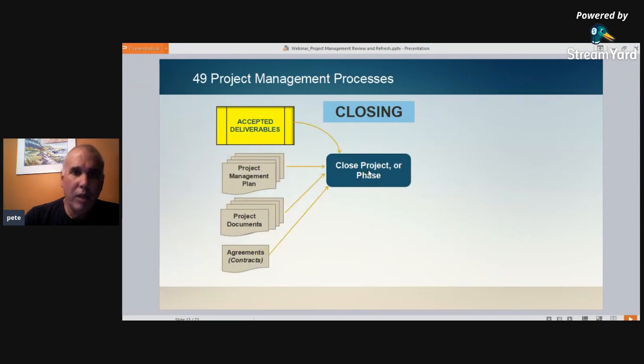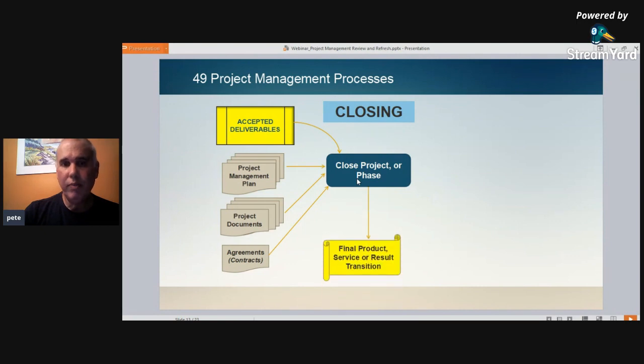In close project or phase, we're going to bring in our accepted deliverables. We're going to refer to our project management plan, our project documents. Project documents might be risk issue logs, requirements documents, etc. And our agreements, what was contractually agreed to with third-party providers in order to close the project or phase.